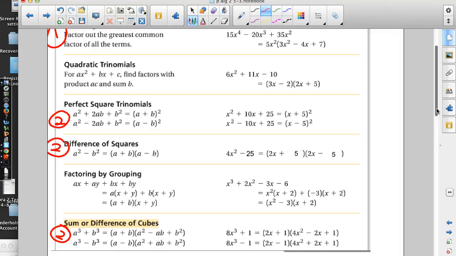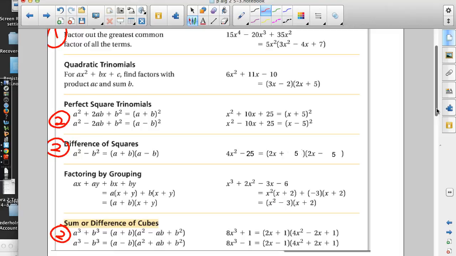Wait a minute, this is a difference of 2 cubes pattern. Oh, wait a minute, this might be a perfect square trinomial, or these are both cubics. Well, maybe this is one of those sum of 2 cubes or difference of 2 cubes problems. So this really comes to powers. After you've pulled out that factor that you can take out of everything, do you notice that you have unique power situations? So those would all kind of be the same step. You're noticing all of those powers.